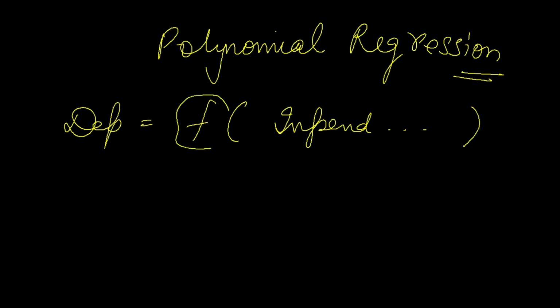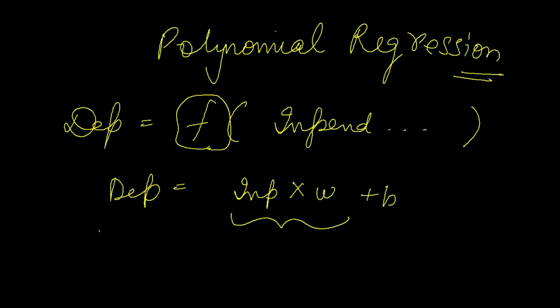That is, this function is not linear. In case of linear regression, the function is like the dependent variable equals the independent variable multiplied with some variable quantity, like we will say w, plus b. You can see it's a linear function. But in case of polynomial regression, we will not have this kind of structure.